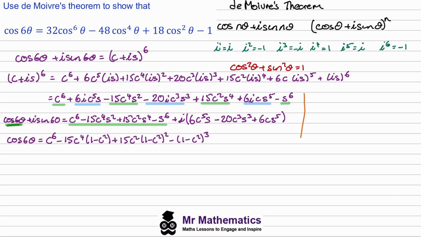So if I just make some space, we know 1 minus c squared all squared will be 1 minus 2c squared plus c to the 4.